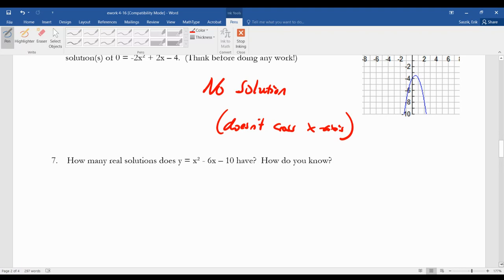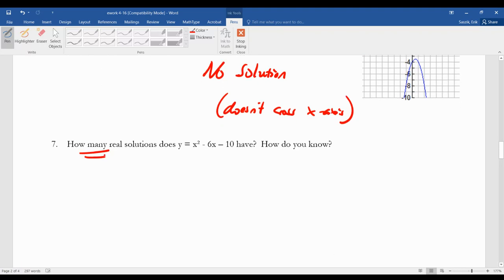How many solutions? Now remember, this one's not asking us for the solutions. It's just asking how many solutions there are. So we change our y out to 0, and the number of solutions means just find the discriminant. A is 1, B is negative 6, C is negative 10.